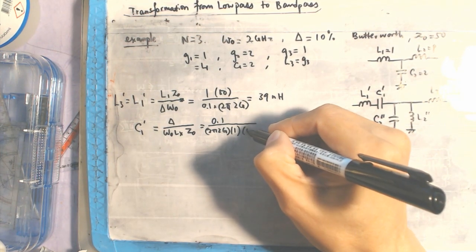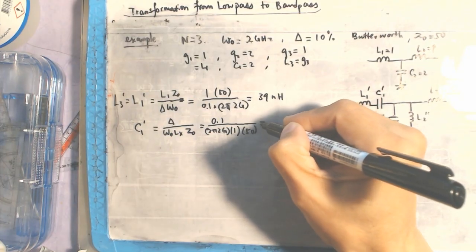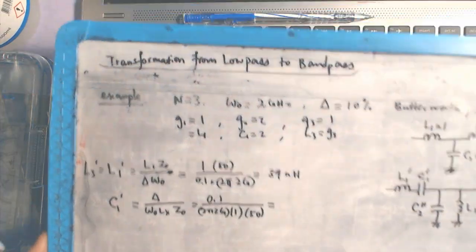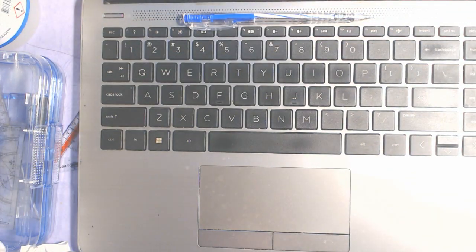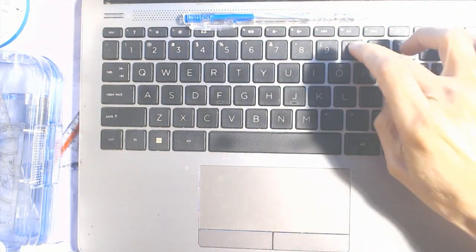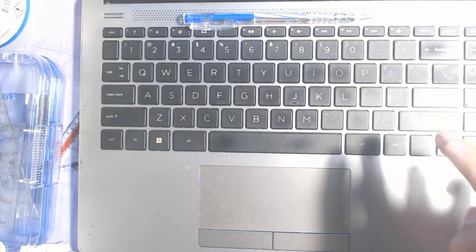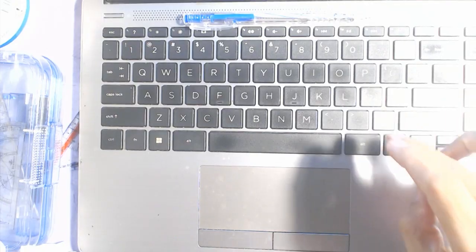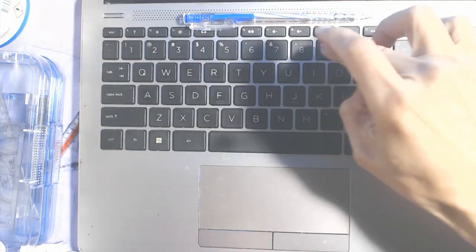Again, I need to use my keyboard. 0.1 divided by 2 divided by pi divided by 2 giga divided by 50.